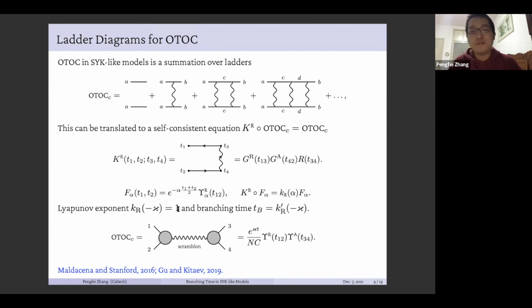The idea is to solve for the eigenvalue of the retarded kernel equal to 1. After solving that, this gives you alpha, which is minus kappa. So this leads to the exponential factor here, the imaginary frequency of the eigenfunction.